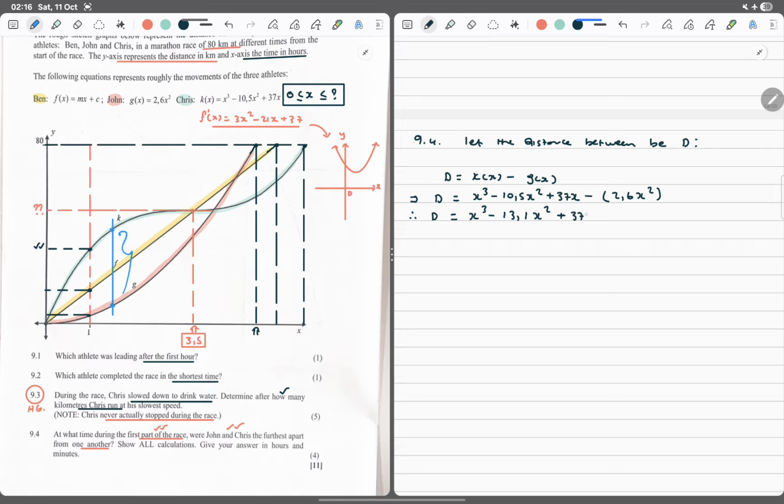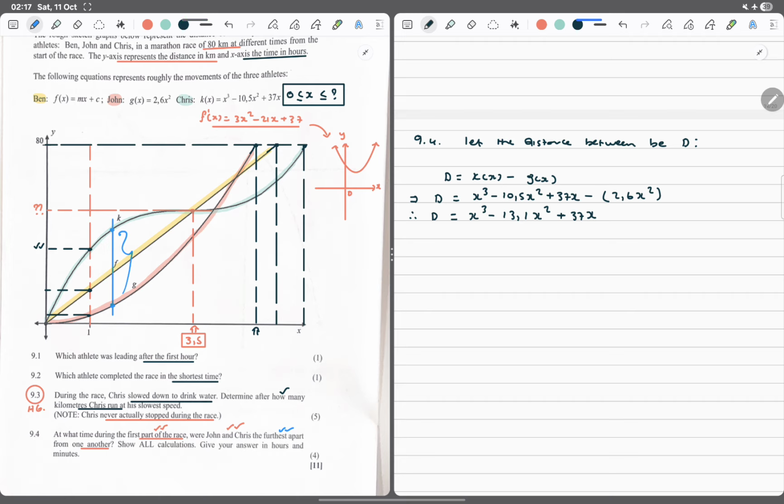Mistakes, guys, they creep in when you are tired. It always happens. So we've got this. Now remember, furthest means maximum.